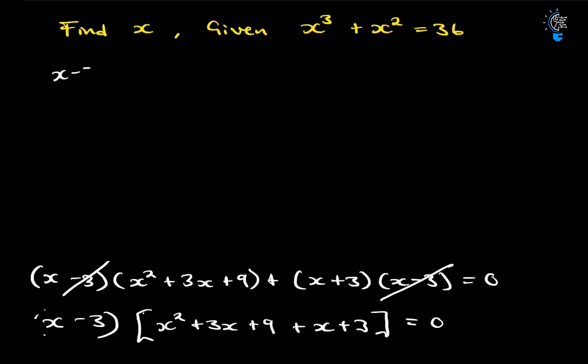Then x minus 3 will be equal to 0, and x squared, this one and that one will give us a 4x, this one and that will give us a 12 is equals to 0.